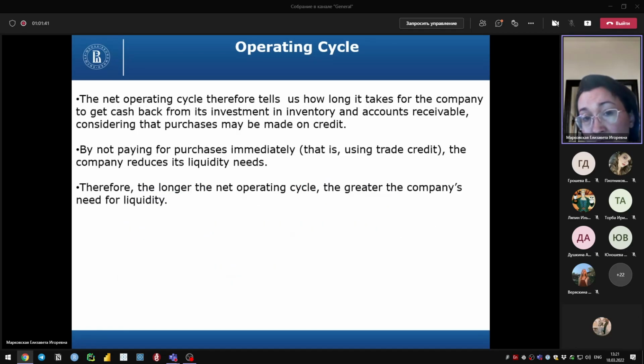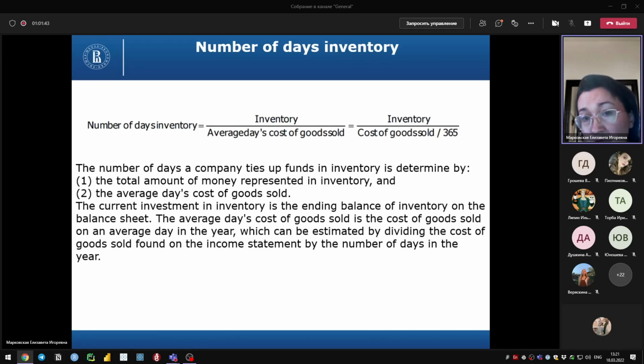And in order to understand the duration of our operating cycle, we can find each component of the operating cycle, for example, number of days of inventory. The first element of our operating cycle we can calculate as inventory to average days cost of goods sold.